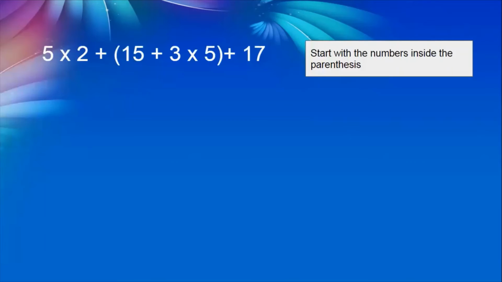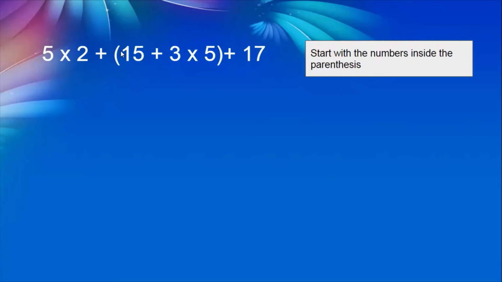PEMDAS. Now, let us try this equation. 5 times 2 plus (15 plus 3 times 5) plus 17. Now, the rule PEMDAS tells us that we need to deal with the numbers which are inside the parentheses. So start with the numbers inside the parentheses.